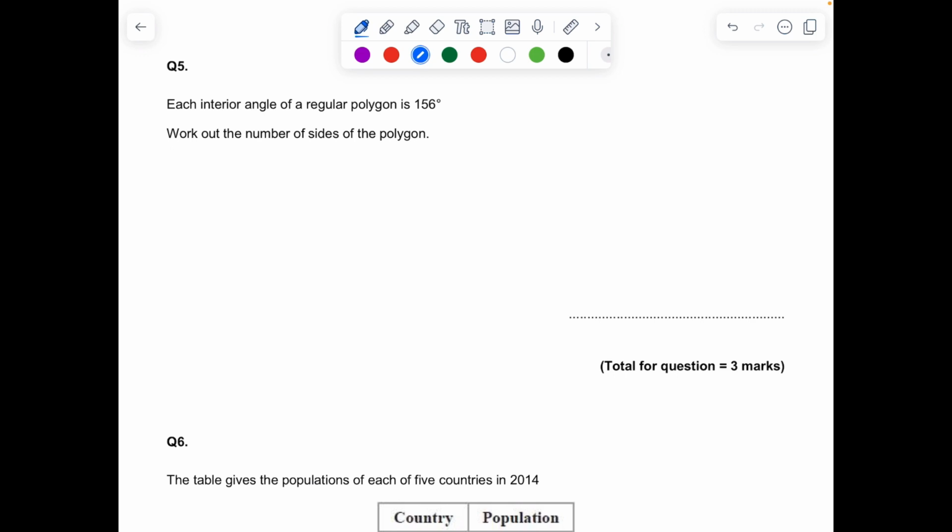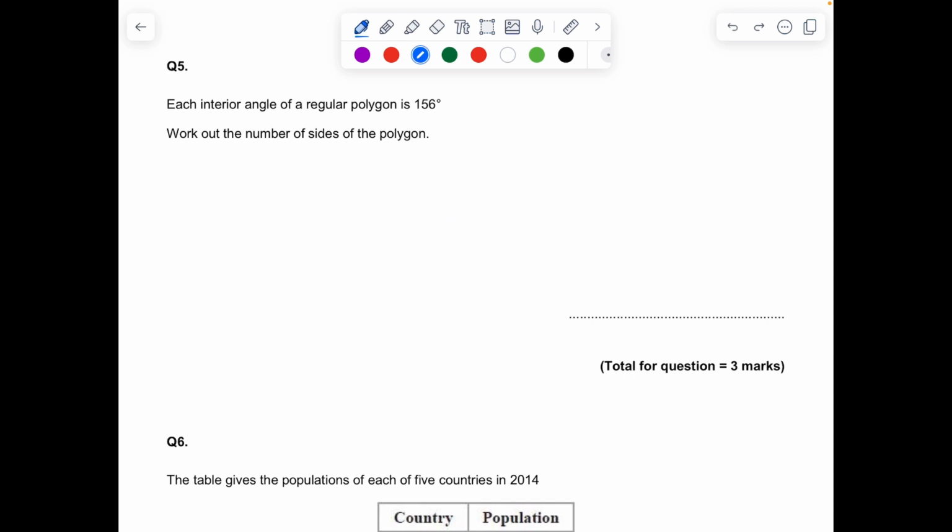Okay, so we want to work out the number of sides of this polygon. So remember, if we have a polygon, so this is just one of the corners of our polygon. So that's our interior angle, 156, although obviously I haven't drawn it to scale.